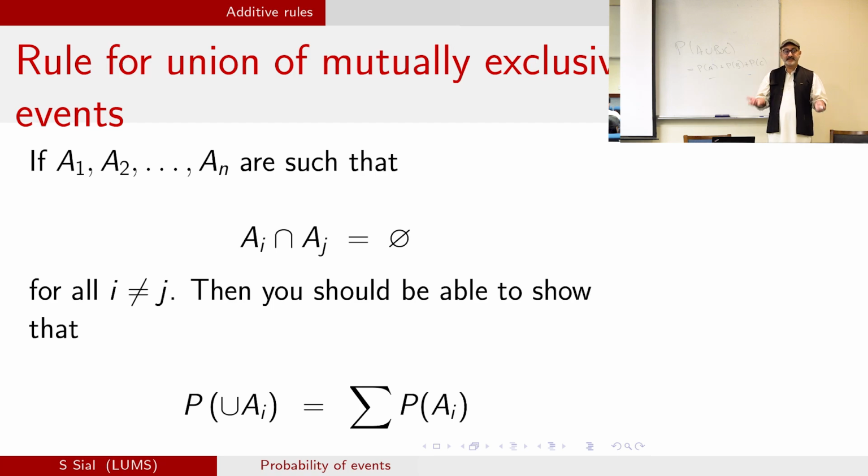Okay? But the intersections are all empty. So they don't contribute to the probability, and so you're just left with this. So once again, you want to try to work with mutually exclusive events if possible, right? We'll see that more when we do total probability.